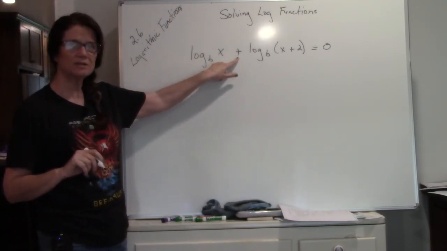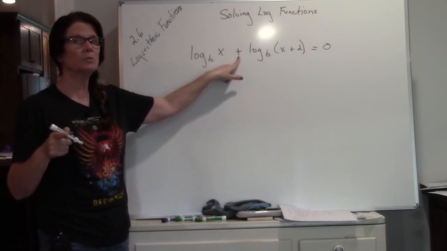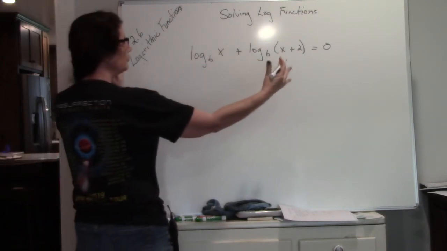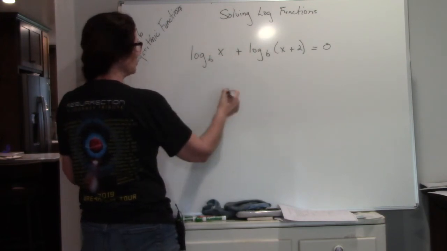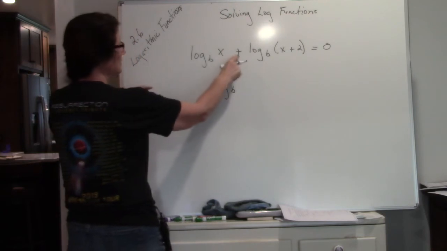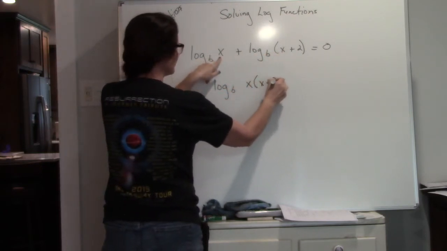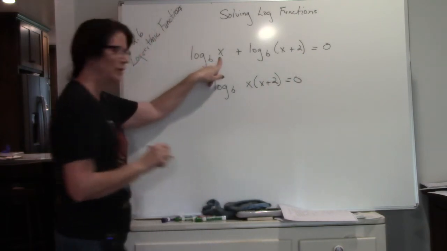When you see a plus sign and you're dealing with logs, remember that plus sign means you're multiplying. So we're going to condense this down and write it as log base b. So when I see a plus sign, I'm actually multiplying these two things. Okay?